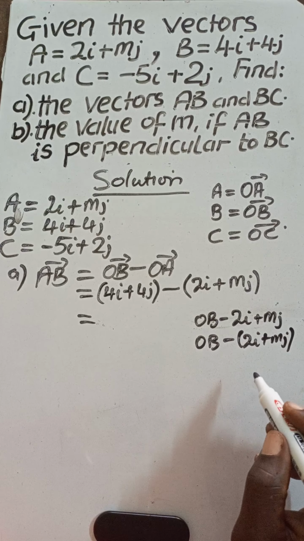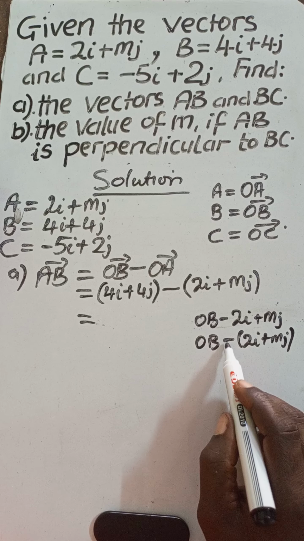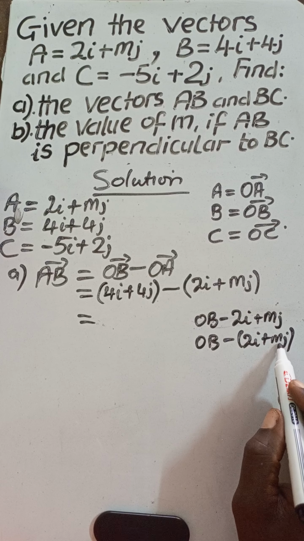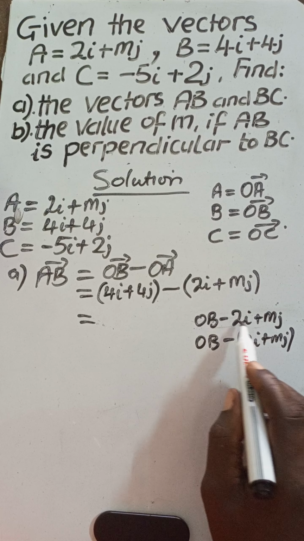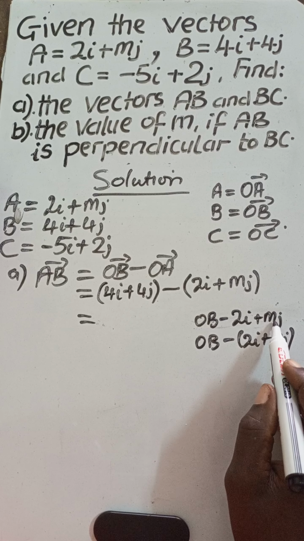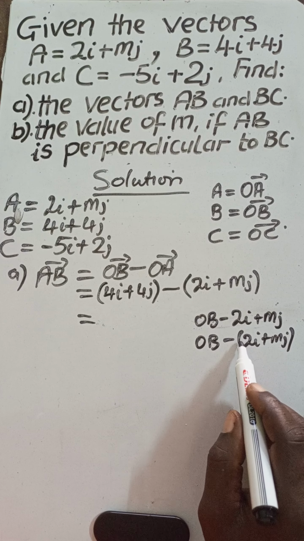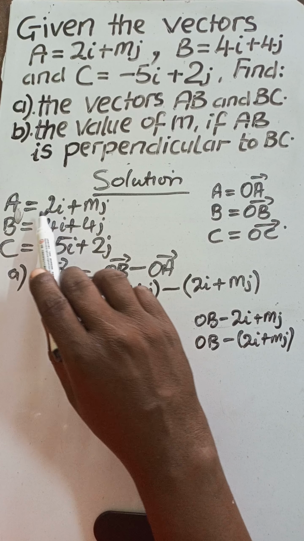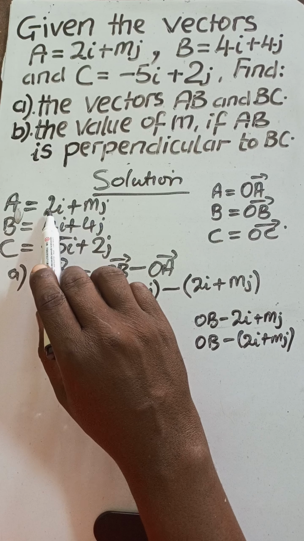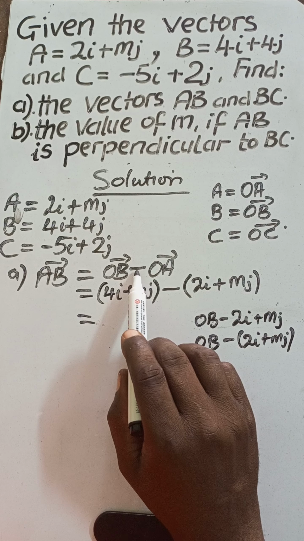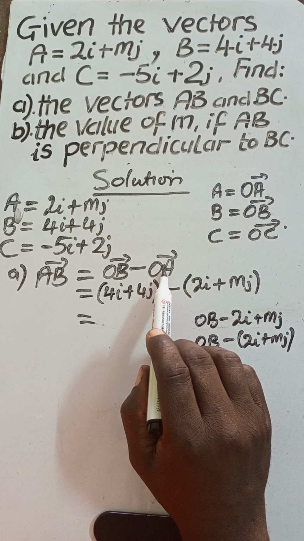These 2 expressions can never be the same. Here, the negative sign is going to affect this member 2i and affect this member mj. But here, the negative sign is affecting only the member 2i. The member mj is not affected. But it was supposed to affect every member of OA. It's supposed to affect 2i and affect mj. Because in the subtraction, we're subtracting all of OA.